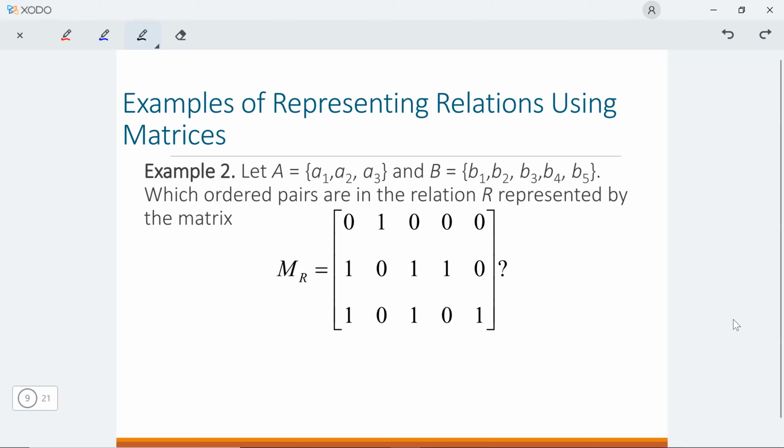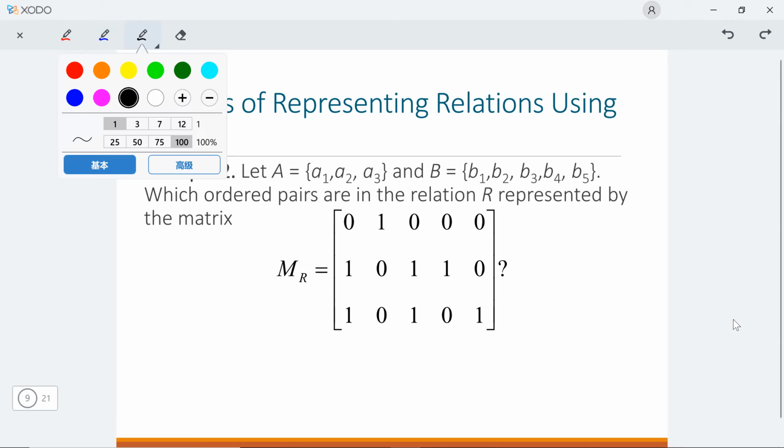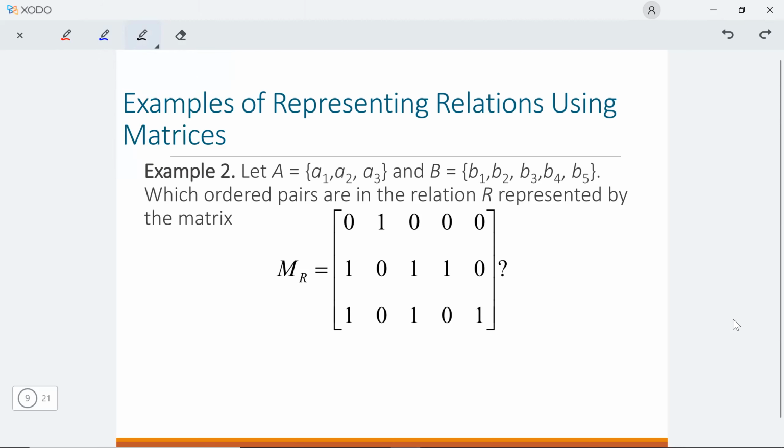So actually here we know the first row should mean our A1. Okay, so this is for our A1. Let's write this down here. And then the second row is our A2.